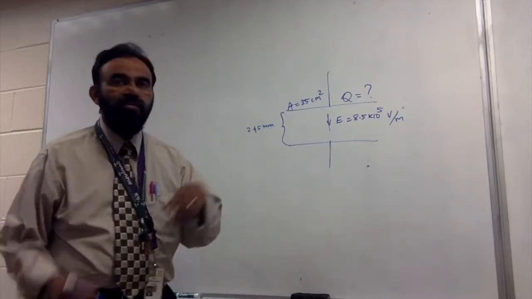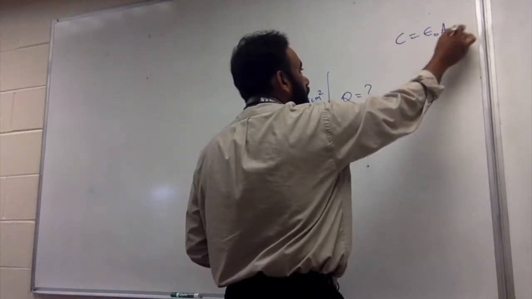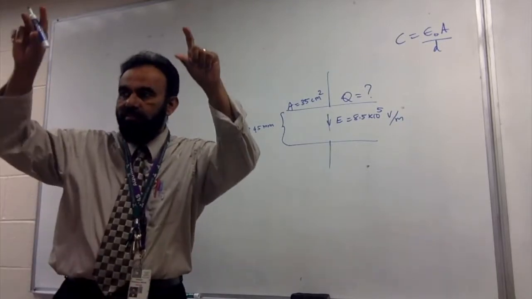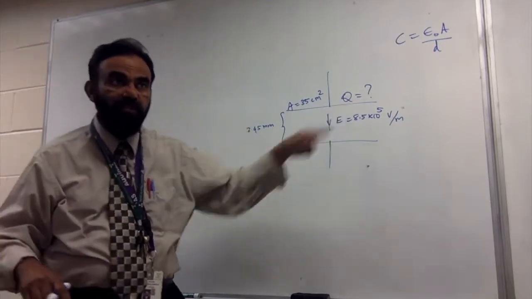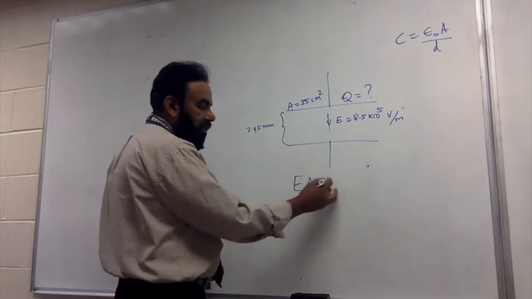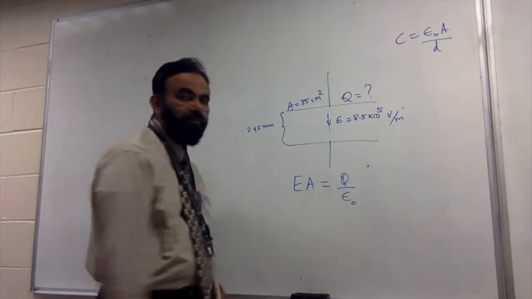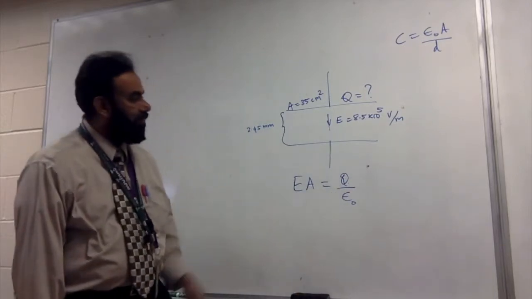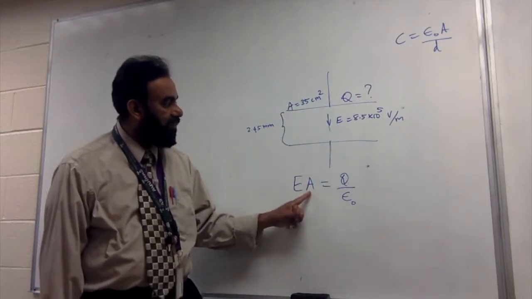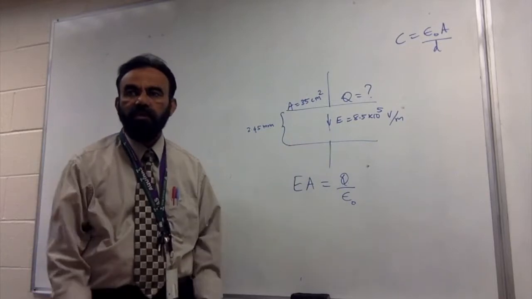But while I was deriving this equation, remember the steps that I took to go there? One of the steps is this: the flux is EA, which is Q over epsilon naught. E is given, area is given, epsilon naught you know, Q you can find.